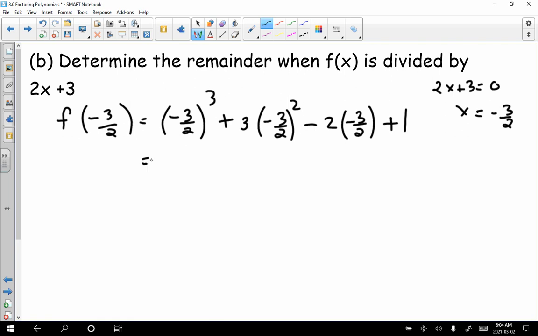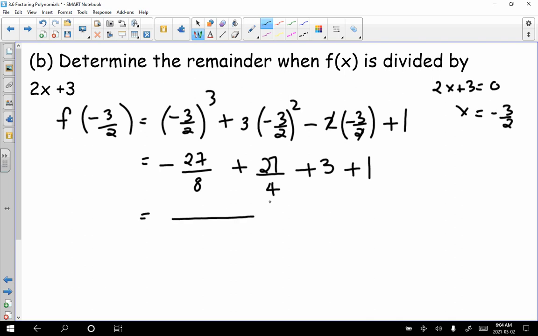So that would work out to negative 27 over 8 plus 27 over 4 plus 3, because these two cancel out, right? And plus 1. So we can add these two. Common denominator is 8: negative 27 plus 4 twos are 8, 27 twos are 54.